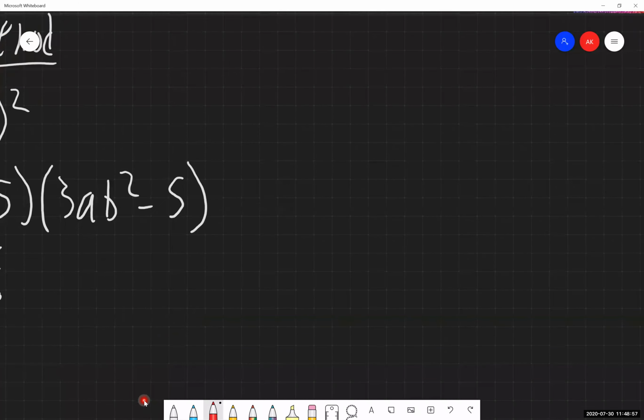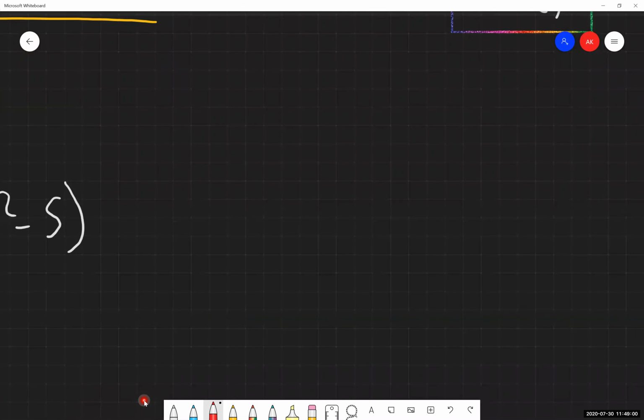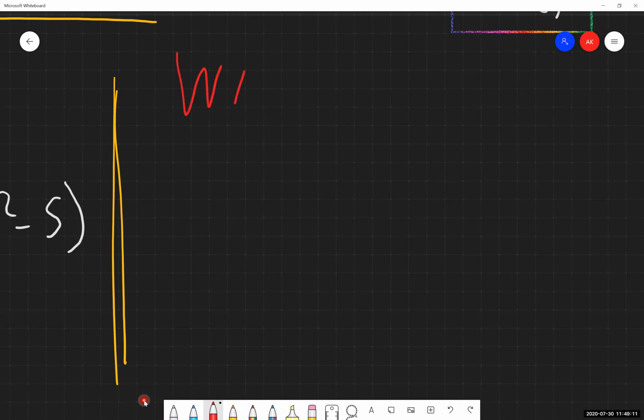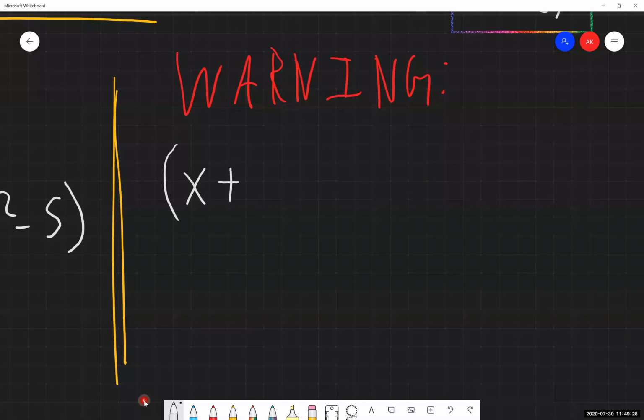So some of the other pitfalls I'm going to show you guys, before we move on to the conjugates, because I think the conjugates are a bit easier to wrap our minds around. So here's your warning. If you have something like x plus 2 to the second power, that is not equal to saying it's x squared plus 4.